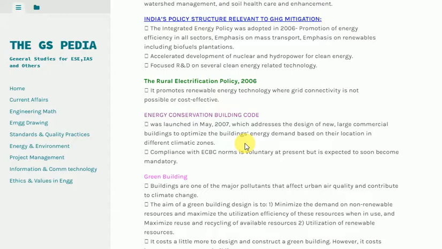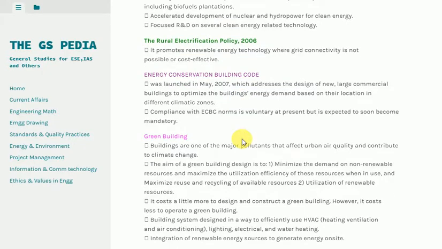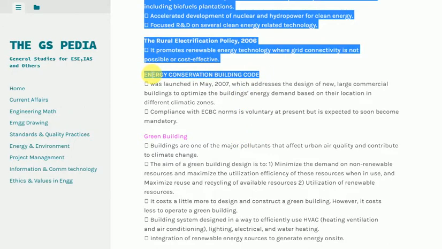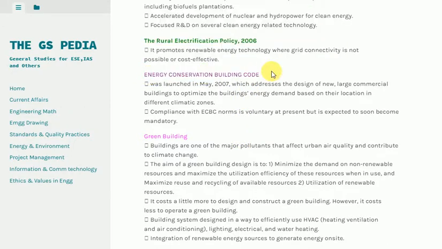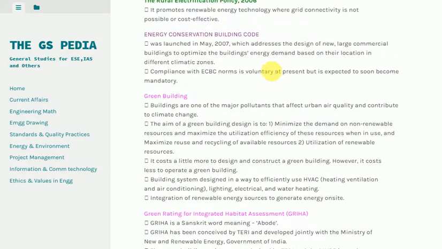The Energy Conservation Building Code was launched in May 2007, which addresses the design of new, large commercial buildings to optimize the building's energy demand based on their location in different climatic zones. Compliance with ECBC norms is voluntary at present, but is expected to soon become mandatory.